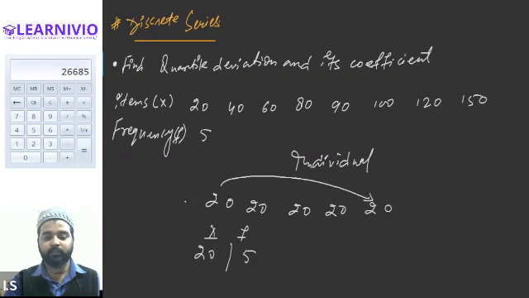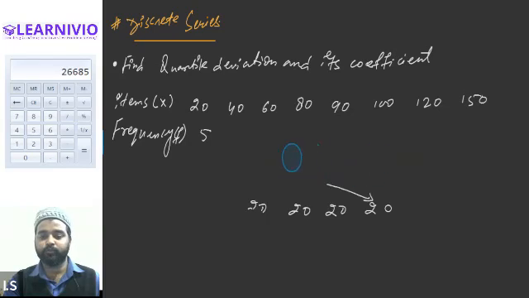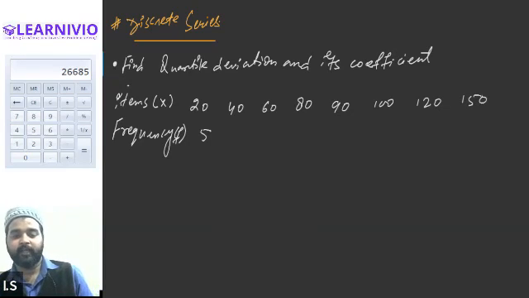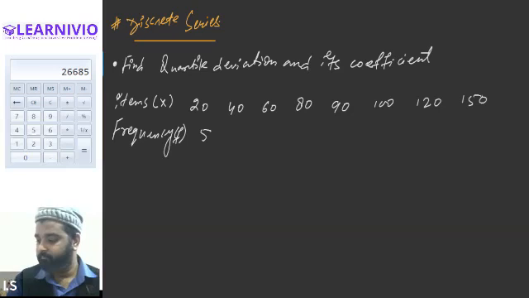We write down the item only once, 20, and if it is repeating 5 times, we directly write its frequency in front of it. So if I write the series in this format, it will be called a discrete series. Basically, if the series contains only items, with no frequencies, then it is an individual series. And if items and frequency both are given, then it is called a discrete series. Is it clear?